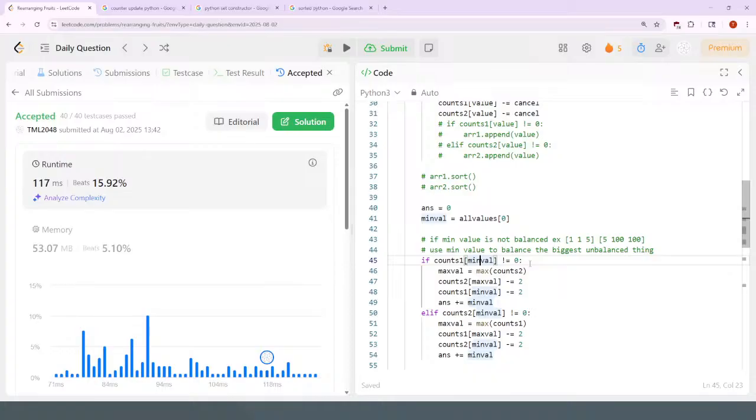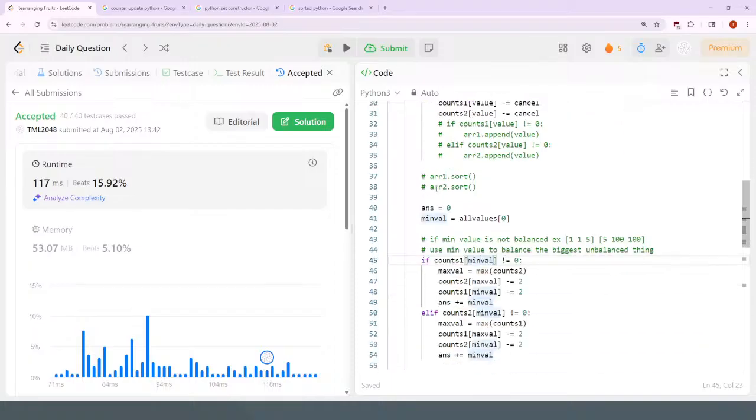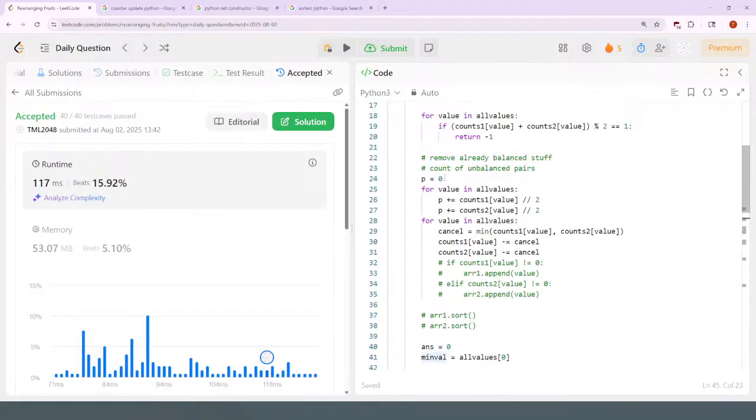What if the max was balanced already? Counts 2. It just depends on the number of pairs, I guess. Yeah, just depends on the number of pairs. So I should be counting the number of unbalanced pairs that I have to worry about and the number of values that are smaller than min value.